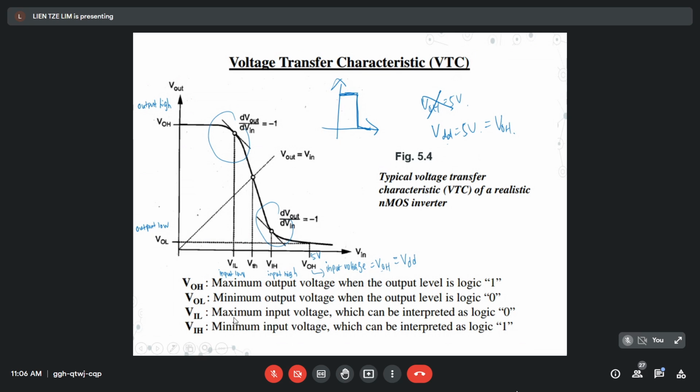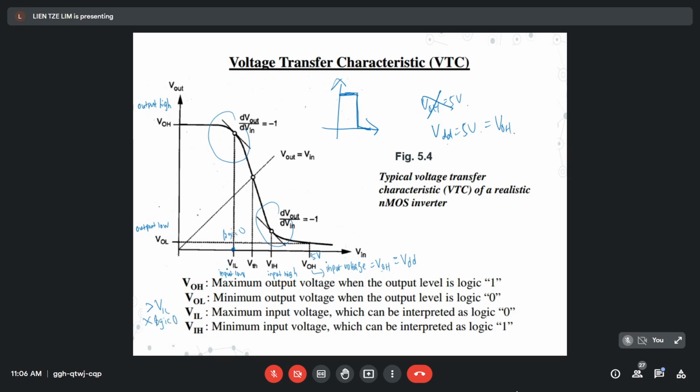Why is it a maximum input voltage? If you see the graph here, at this point the input is still considered as logic 0. But if the voltage increases above VIL, then it is not logic 0.